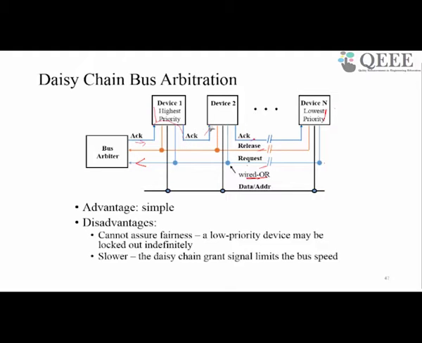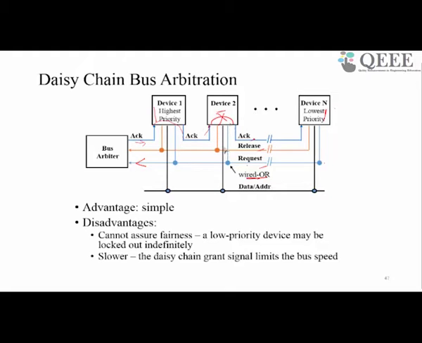Supposing device 1 has requested, then it takes this acknowledgement and starts using the bus. Further, it stops the acknowledgement from going further down the line. Therefore, when an acknowledgement is generated, it is consumed by the first encountered, highest priority requesting device. That is why it is called daisy chaining.